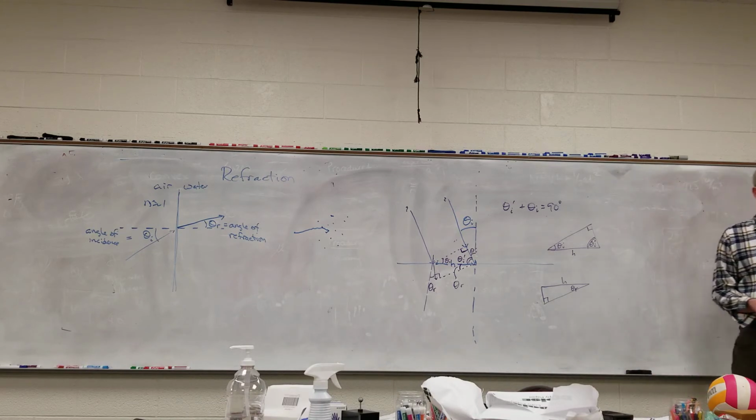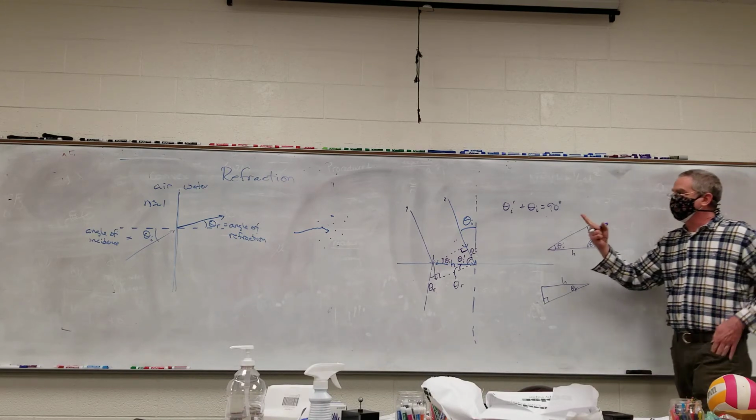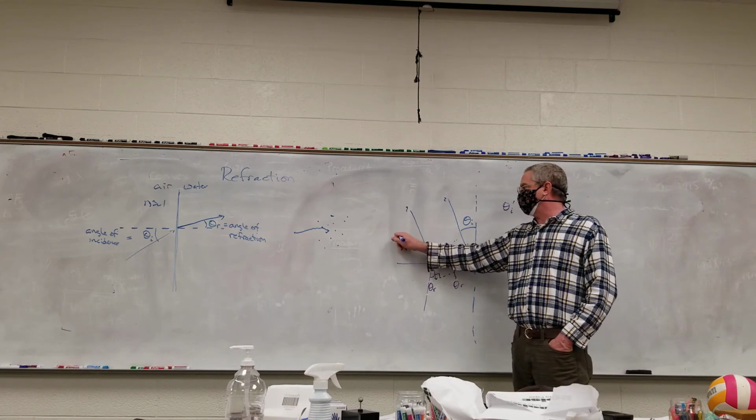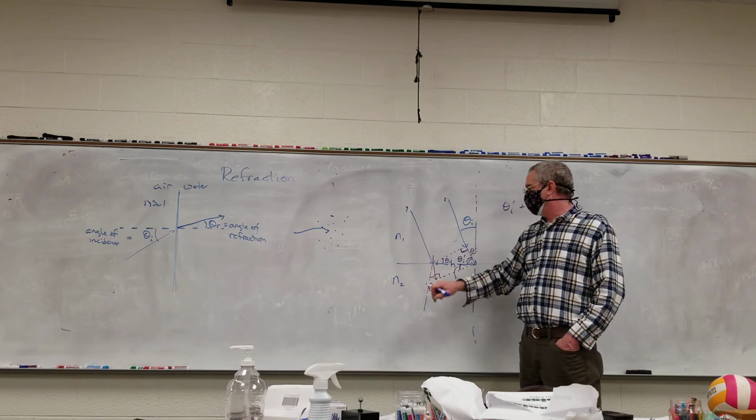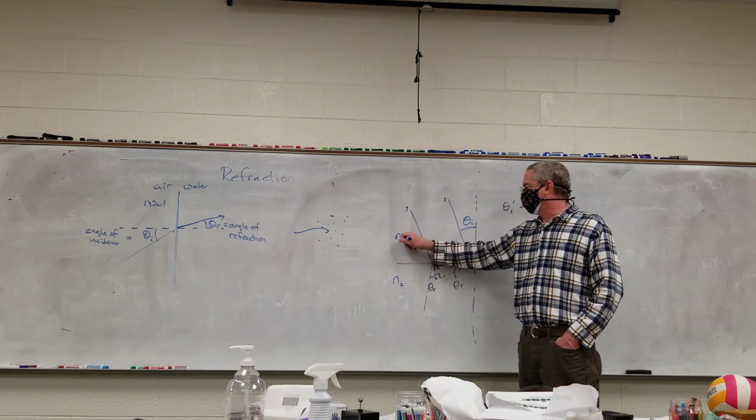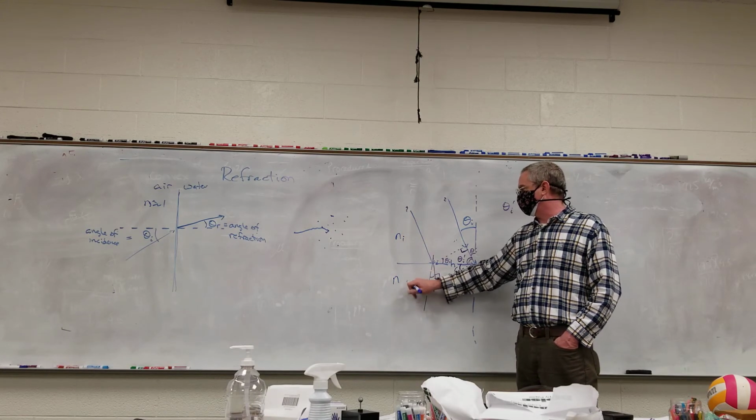So let's take a look at some distances here. On this first medium over here, we'll just say that the index of refraction is n sub 1, and down here n sub 2. Or, for some consistency, n sub I and n sub r.